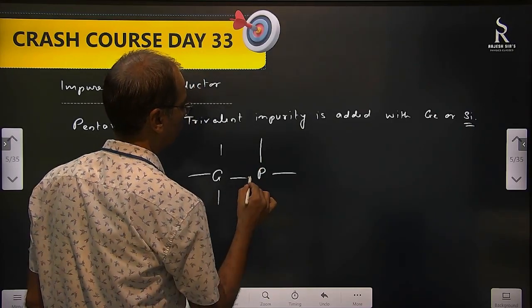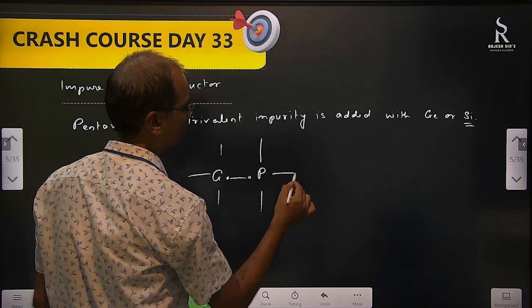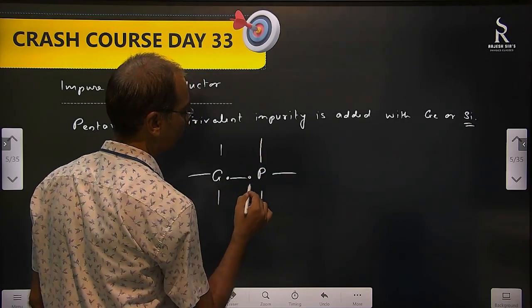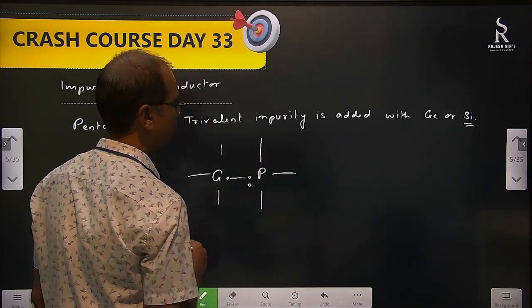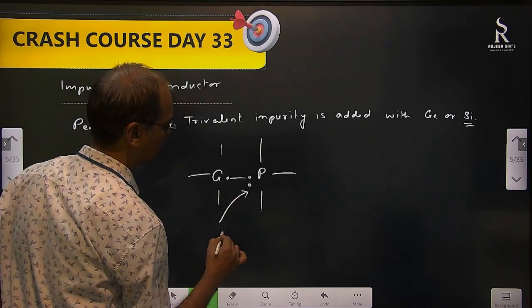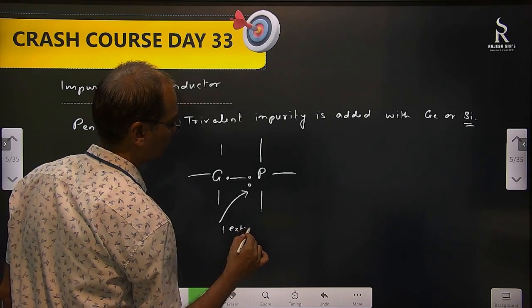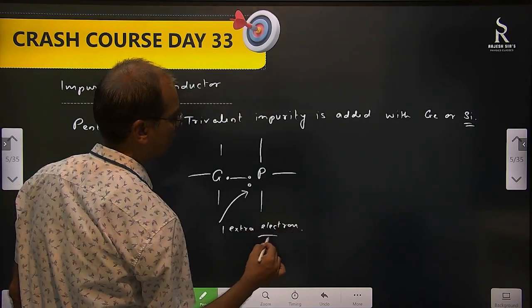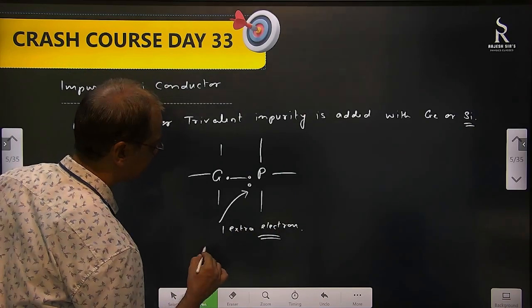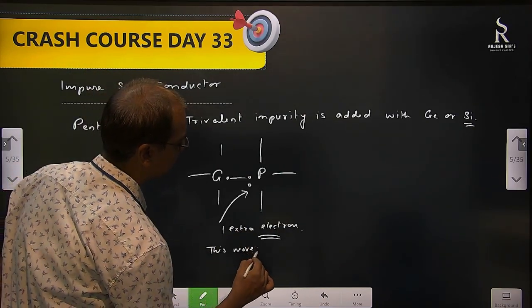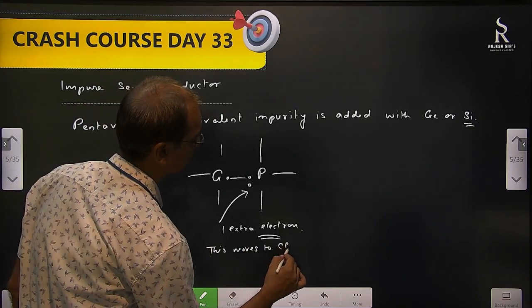These 4 electrons are engaged here. 1, 2, 3, 4. Now one extra electron is here. This electron moves to the conduction band.